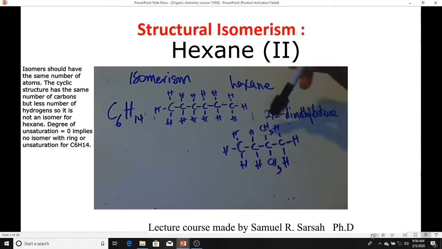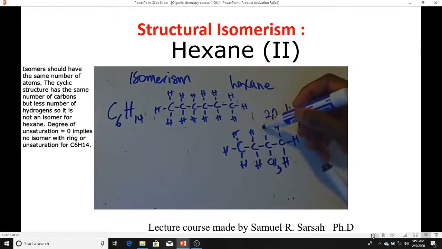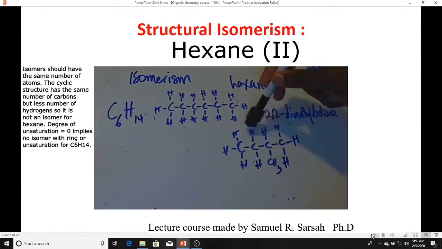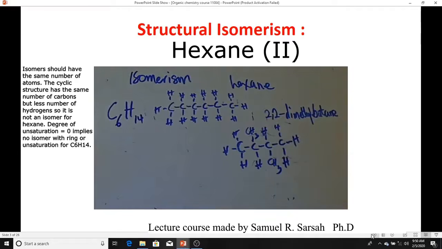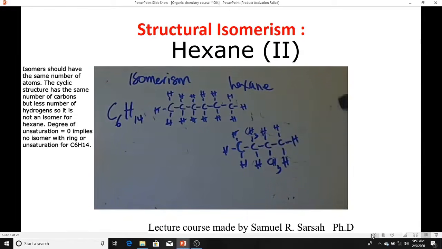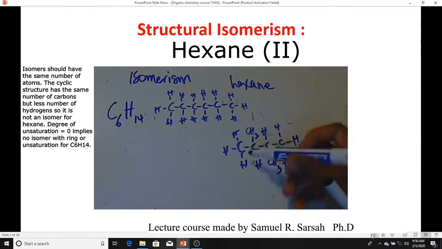I can change this structure slightly by instead putting a hydrogen here, but putting a methyl group right here. That is CH3, but right now they are not on the same carbon, so I cannot use this name. The parent name is butane.